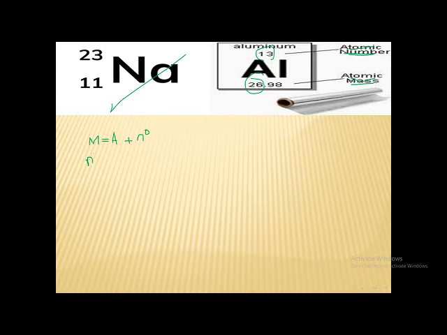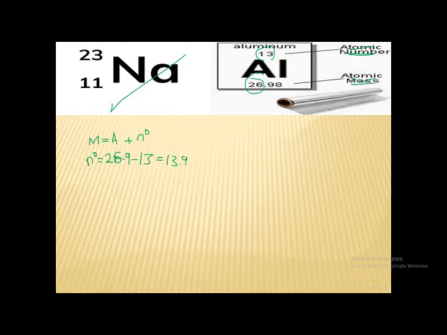It is 26.9 minus 13, and that is the number of neutrons.